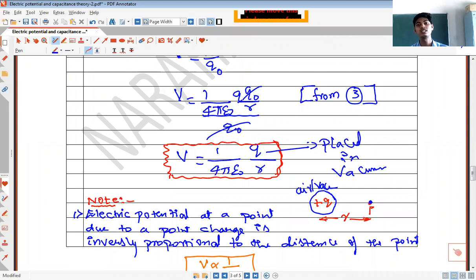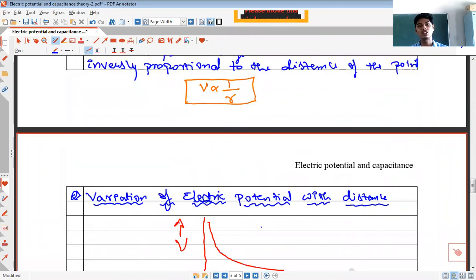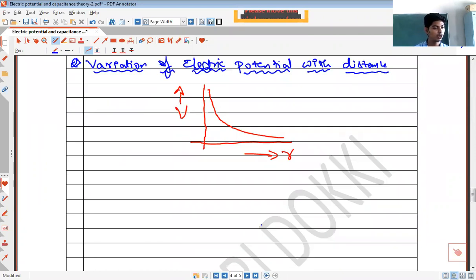If the point charge is in some medium of dielectric constant K, then the potential will be different. Electric potential due to a point charge depends upon the medium in which the charge is placed.